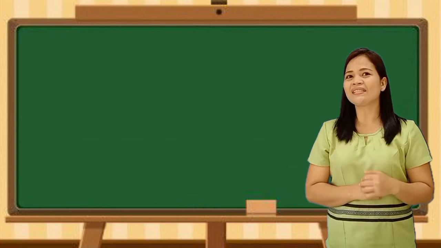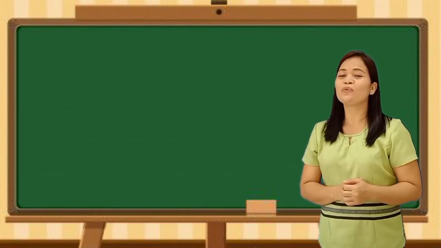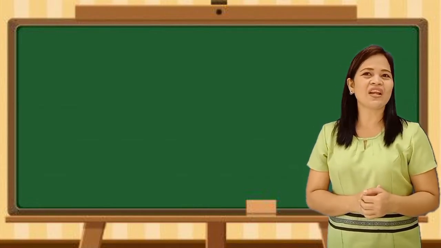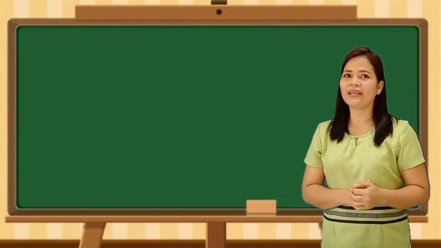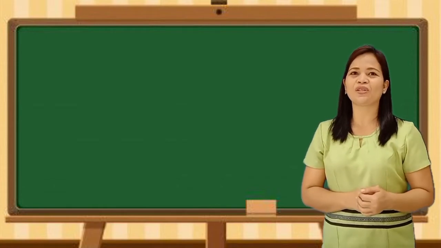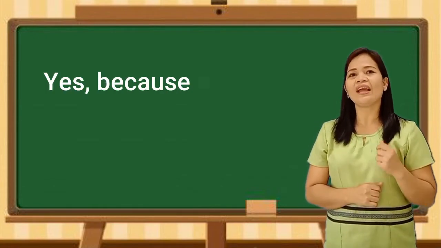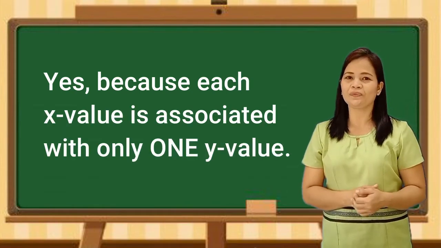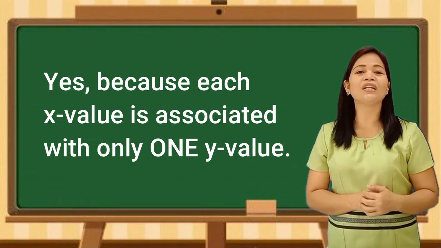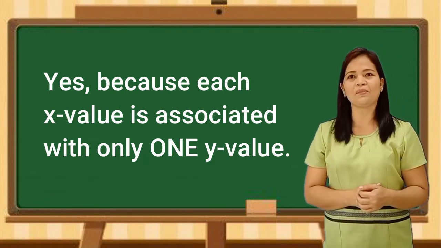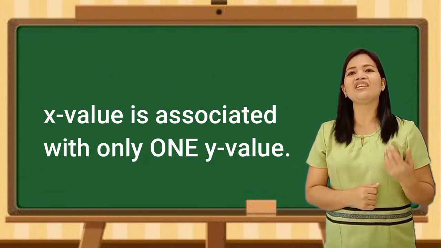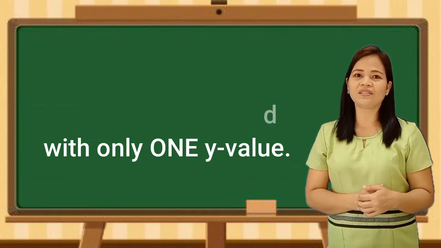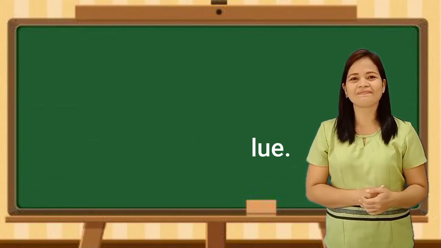Yes, the table still represents a function. We see that even if we interchange the values of x and y, it still represents a function because each x value is associated with only one y value. And by interchanging the values of x and y in the given table, we get the inverse of f of x equals 2x plus 1.